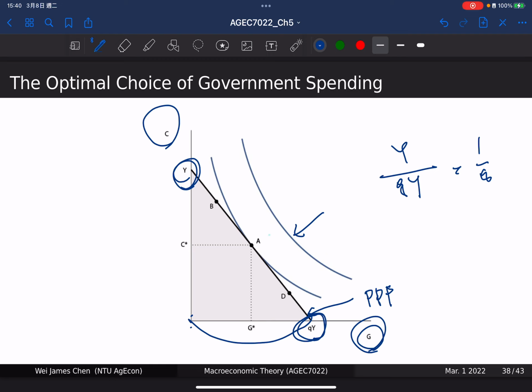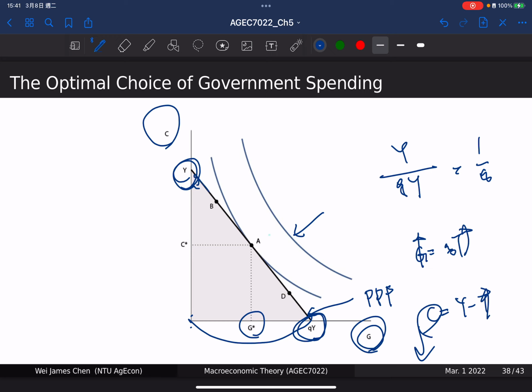Consumer's indifference curve. So the government is going to choose an optimal G level. Remember, the G level will decide how much tax you collect, right? Because G is QT, and C equals Y minus T. So obviously if you increase G, T has to increase, and T increasing means your consumption is going to go down.